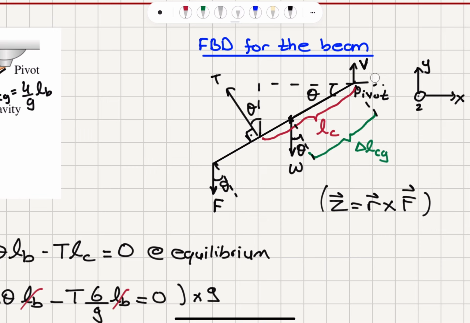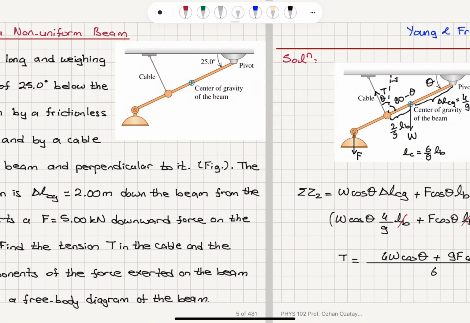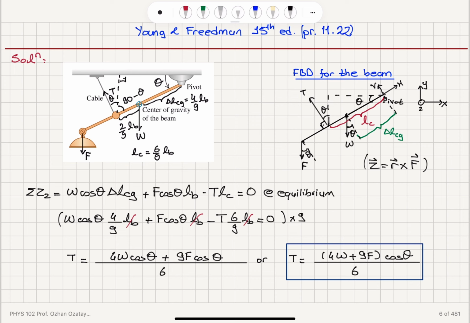Well, let's say that this horizontal force is basically in the direction of the beam, and the vertical force is perpendicular to the beam. So let's check this carefully: horizontal and vertical components of the force exerted on the beam by the pivot. So horizontal force is along the direction of the beam and vertical is perpendicular to it.